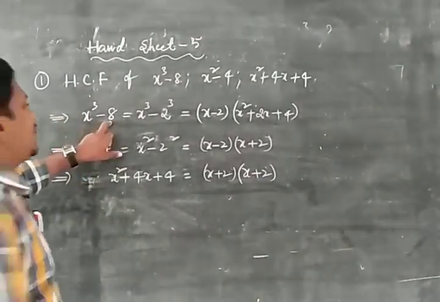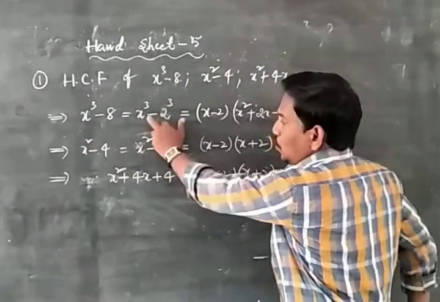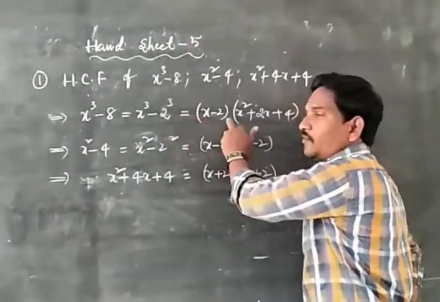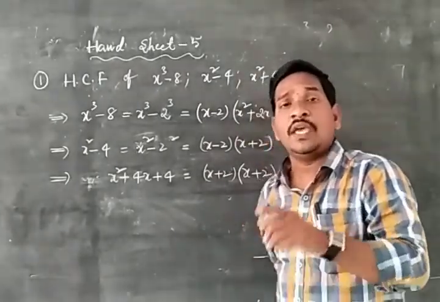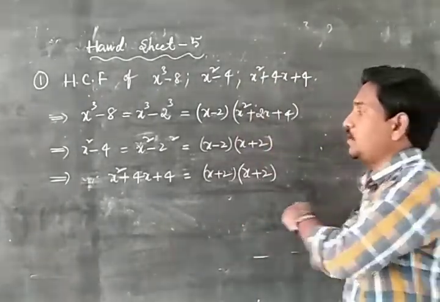x cube minus 8 is written as x cube minus 2 cube. It uses the formula a cube minus b cube, that is a minus b into a square plus ab plus b square.